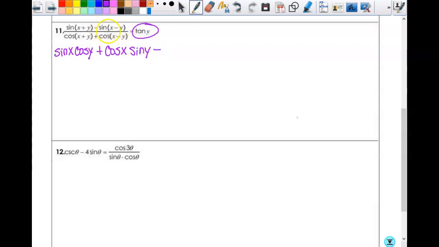Minus, then I have to do sine, and this is a difference. Now, I'm subtracting something with more than one term. I need parentheses. This is going to be sine x cosine y minus cosine x sine y. Close my parentheses.